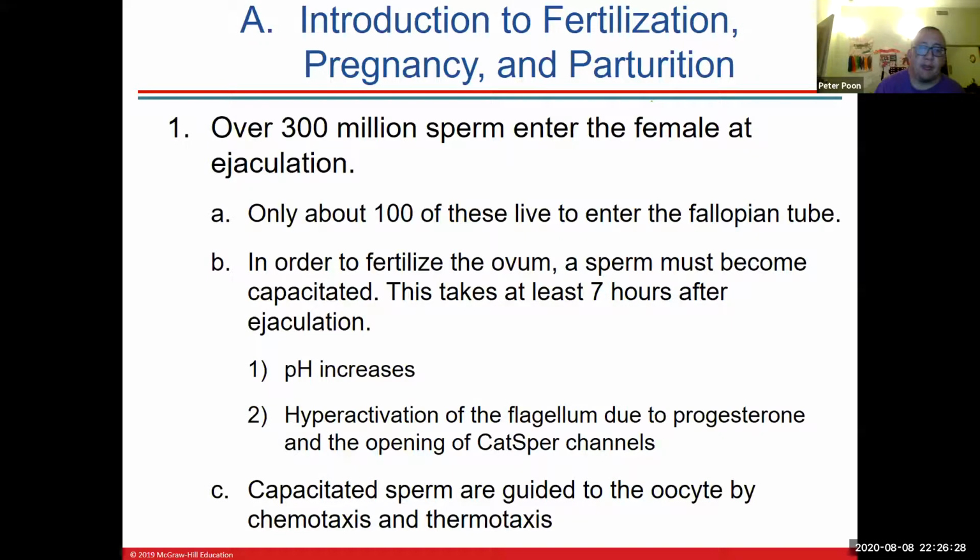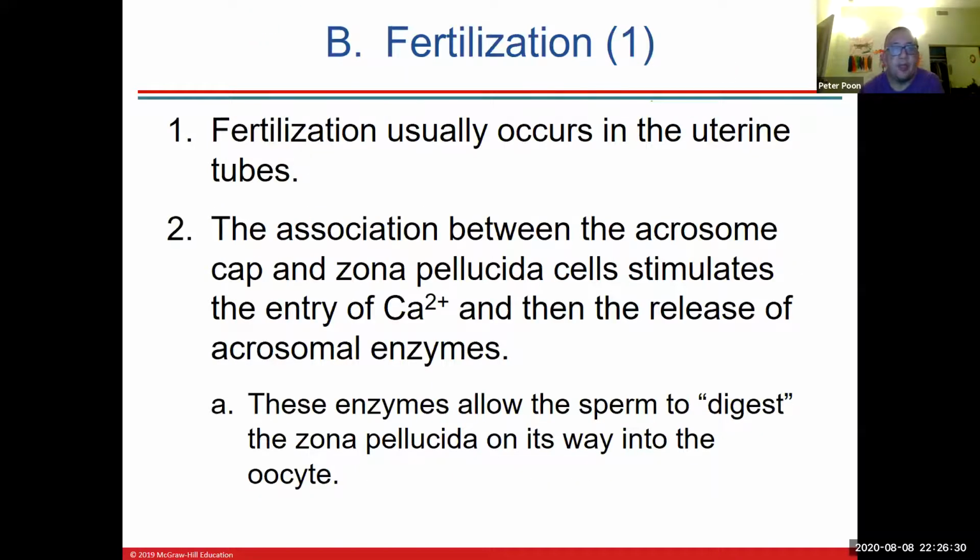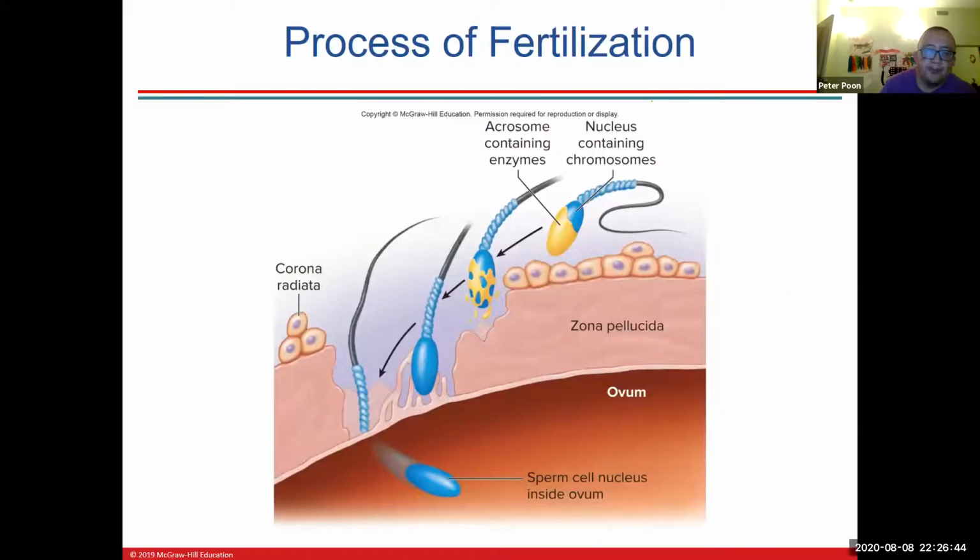The capacitated sperm are guided to the oocyte. Fertilization occurs in the fallopian tubes, or uterine tubes. Basically, the sperm have to chew through the corona radiata and through the zona pellucida before getting into the ovum.